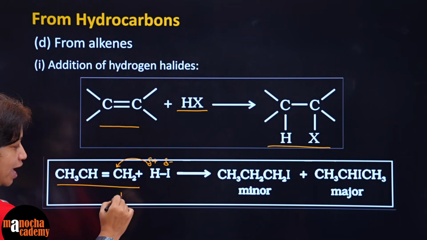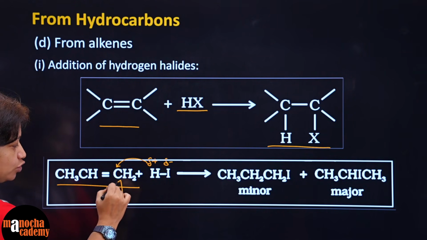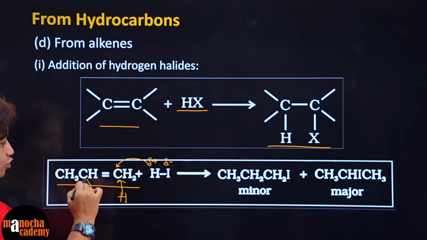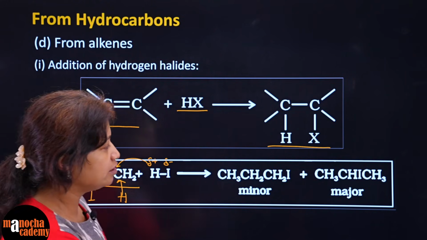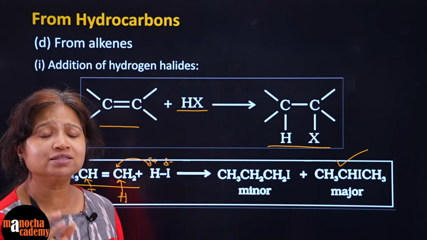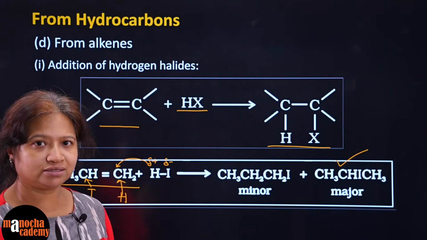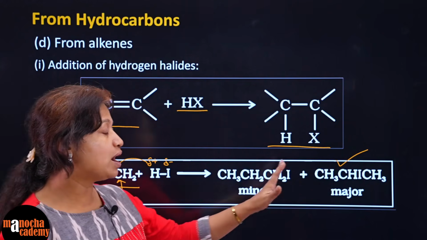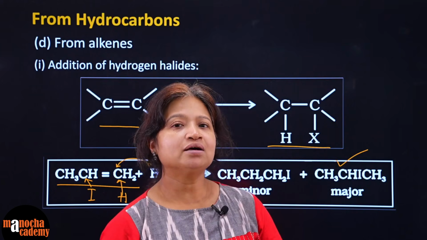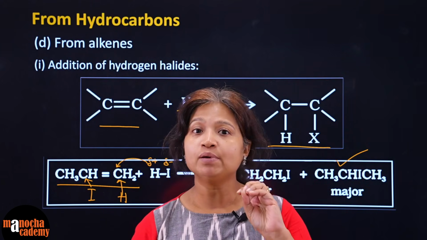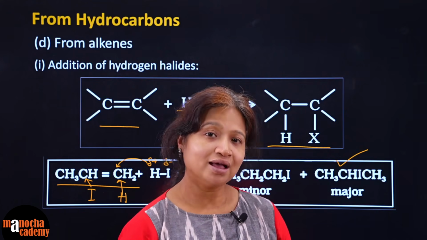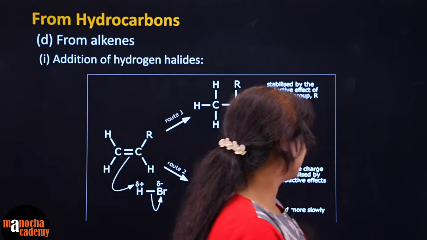So naturally H, the positive part, adds to the carbon having more hydrogens, and I adds to the other carbon. Accordingly, you get 2-iodopropane as the major product. 1-iodopropane is very minor, almost not obtained. This is called Markovnikov's rule, that the positive part of the addendum adds to the double bonded carbon having more hydrogen atoms. Again I repeat, go through your class 11 textbook.